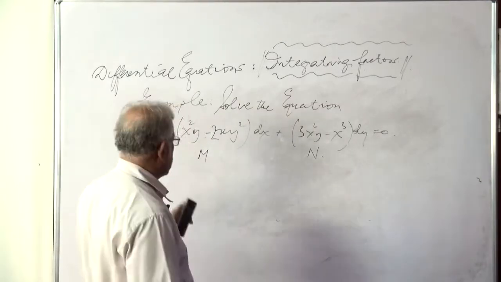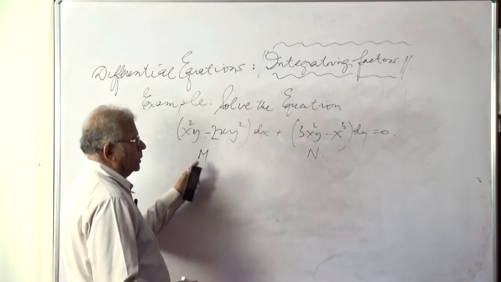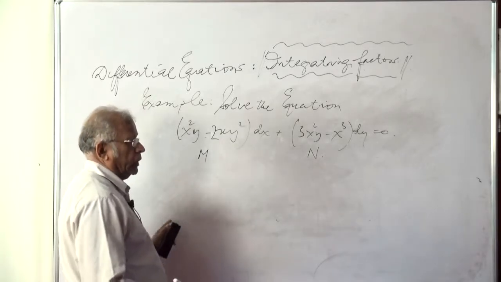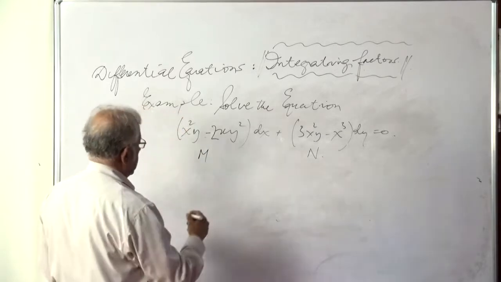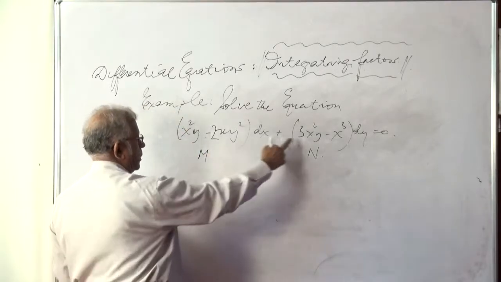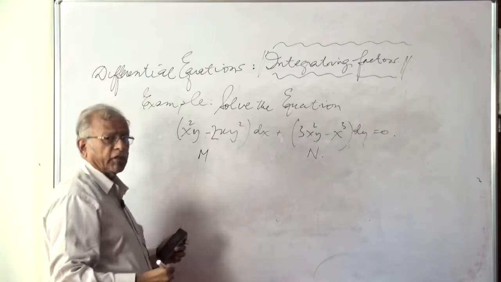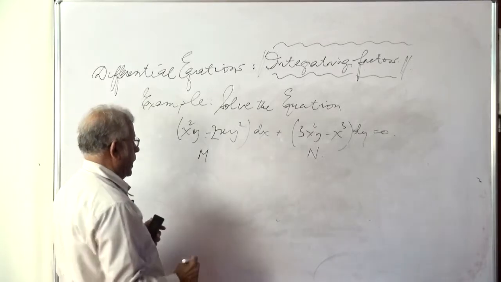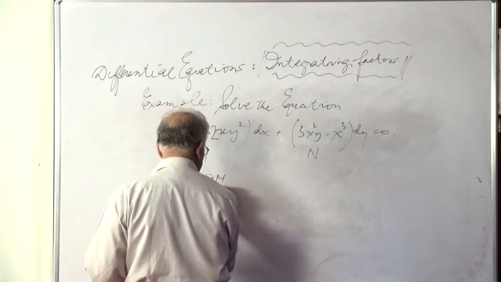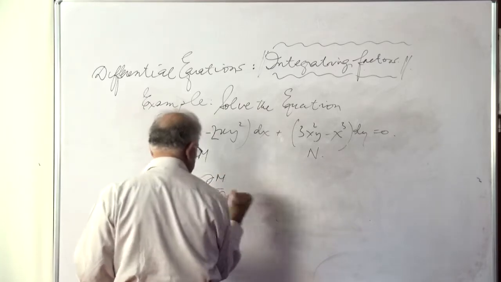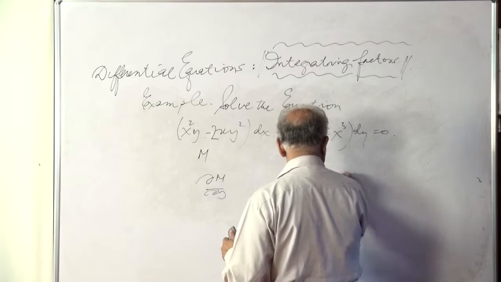Here, M and N are both homogeneous functions of the third degree, and we will see that del M del y is not equal to del N del x.